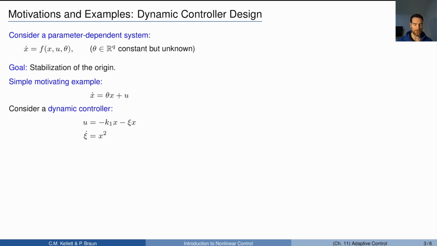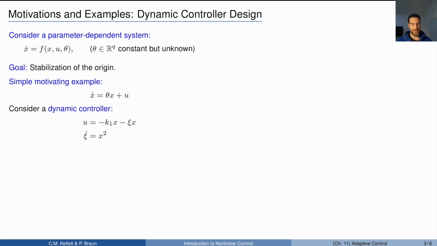And this dynamic controller is a simple example now of an adaptive controller, which will actually allow us to stabilize the origin of our system through a dynamic controller using an adaptive controller design.